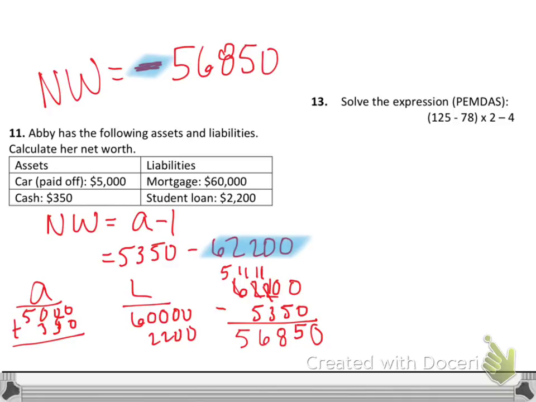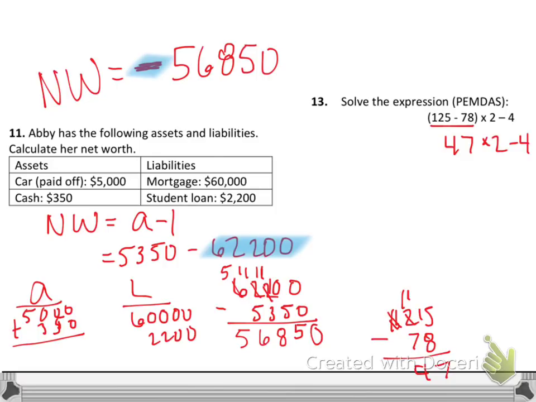And then our last problem that we're going to do, and then we're actually going to practice putting it into a griddable. Solve the expression using PEMDAS. So we have 125 minus 78, times 2, minus 4. Remember, parentheses are first, so I'm going to solve that first. 125 minus 78 is 47. So 47 times 2 minus 4.